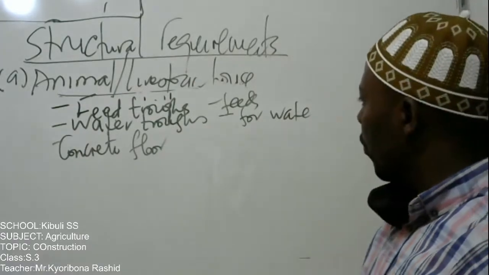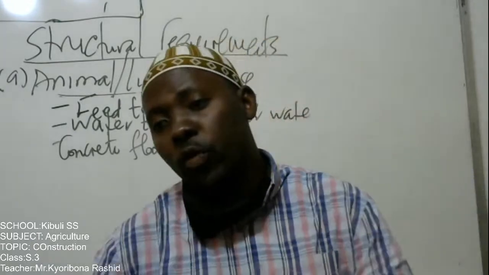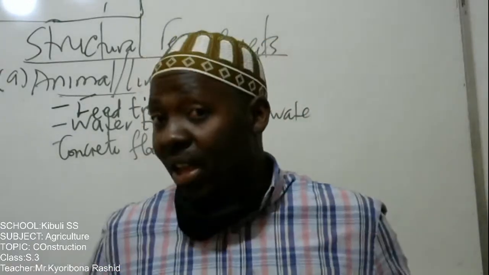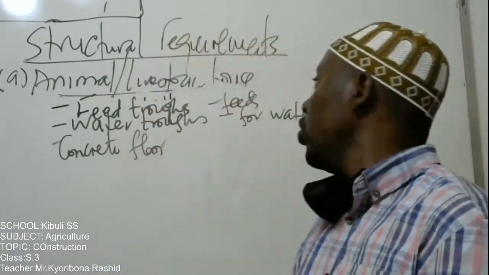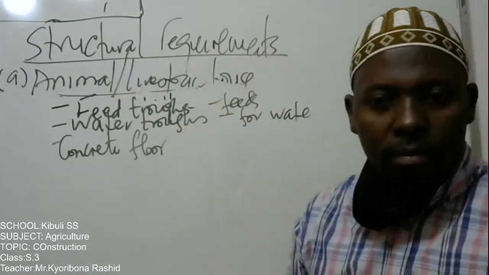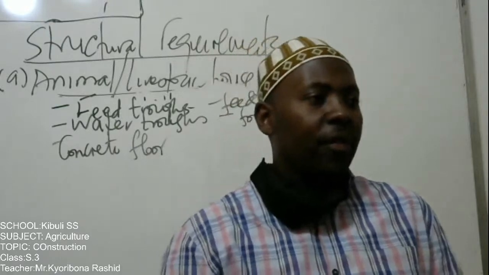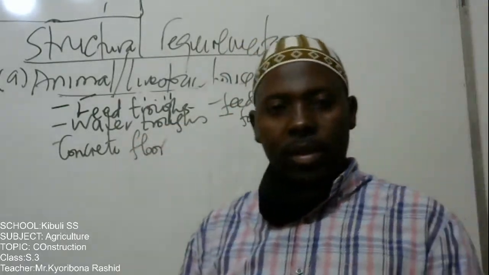So when you are answering features, we qualify features. Hope you are aware that we qualify features. So when you say feed troughs for feeds, you have already qualified this feature. Water trough for water.